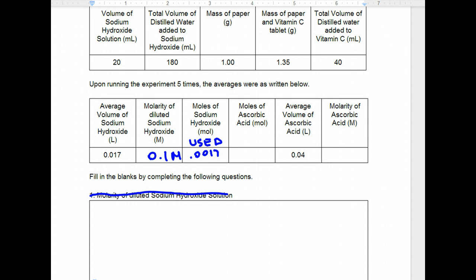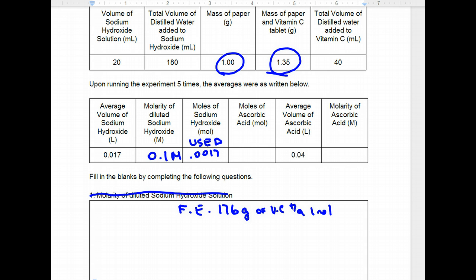For the next part, the moles of ascorbic acid, that's the vitamin C. Even though I gave you these numbers over here, what you'll find is it's a little bit more than 0.3, but I told you in the earlier part with the paragraphs that we're working with 300 milligrams worth of vitamin C, so we know the amount of grams there. And we know the formula weight, so let's go ahead and write out our for every statement for that. So for every 176 grams of vitamin C, there are 1 mole.